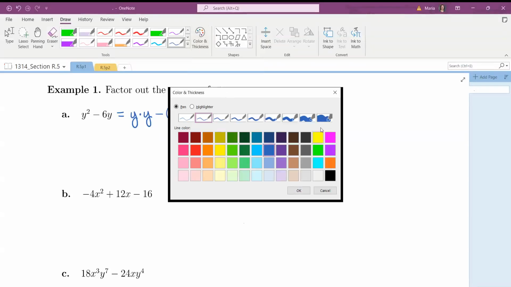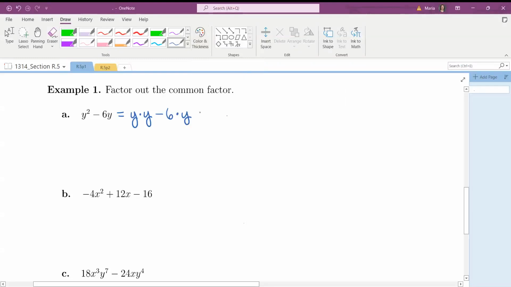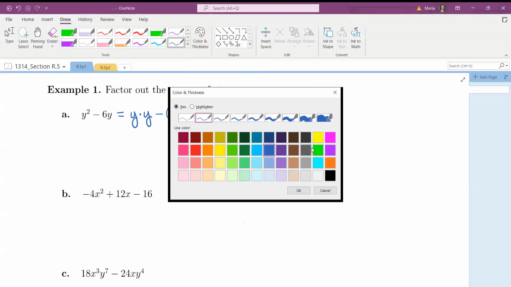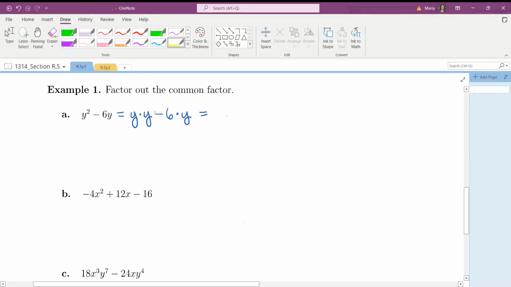All right, so now we're going to try to take out our common factor. If I look at the two terms, on either side of the subtraction sign, I want to see what matches on both sides of the minus sign. I see a y in common. There's a y on the left and there's a y on the right.